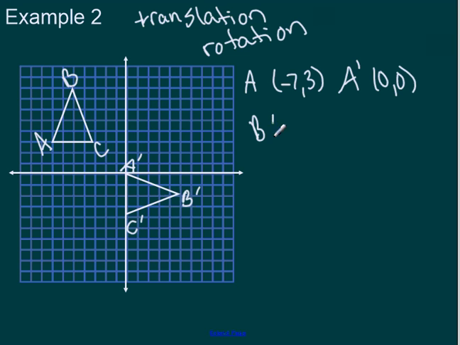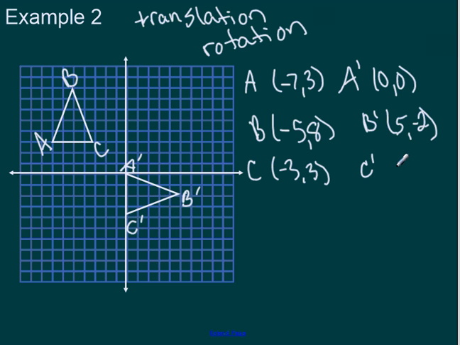My B is at -5, 8. And B prime is at 5, -2. And finally, C is at -3, 3. And C prime is at 3, -4.